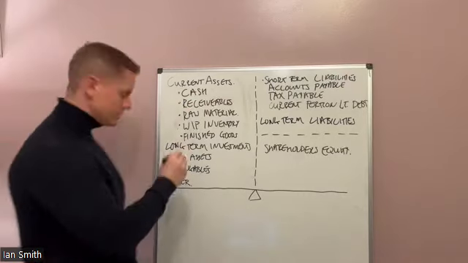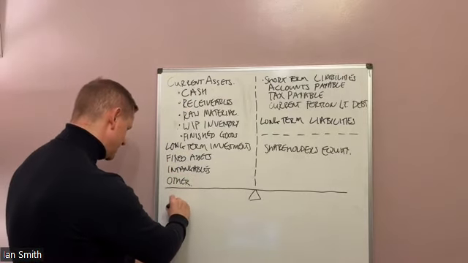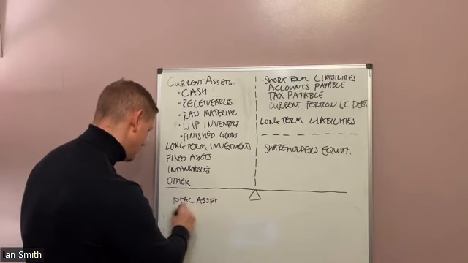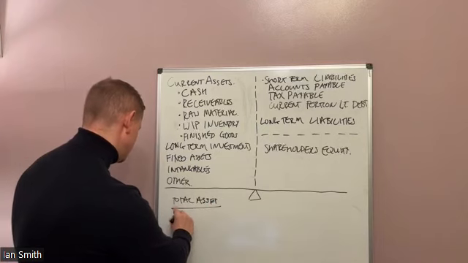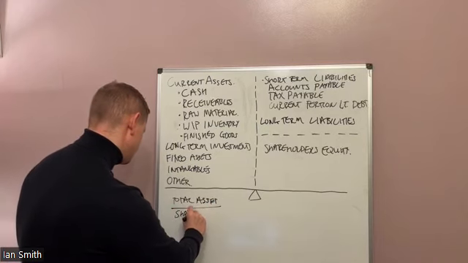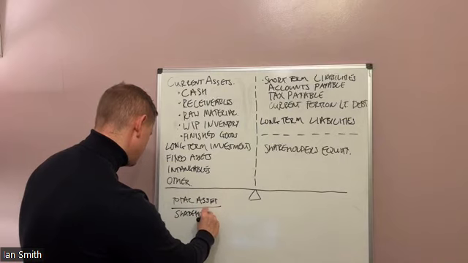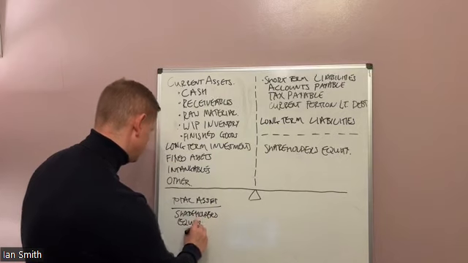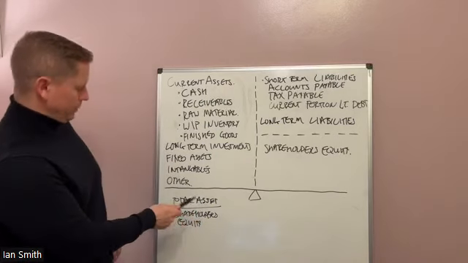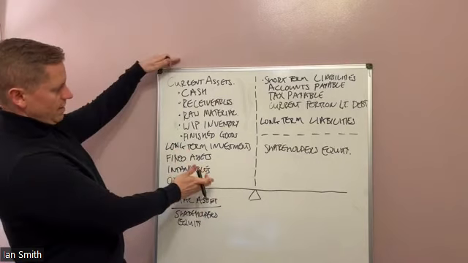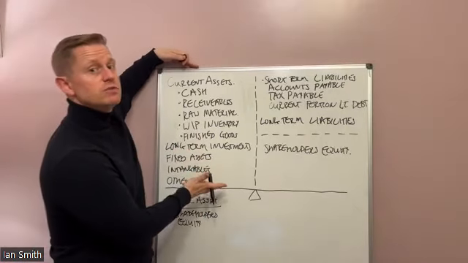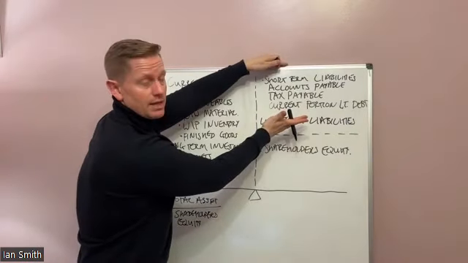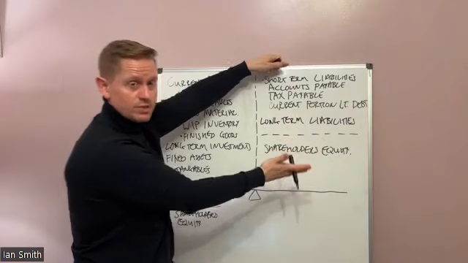And what that means is, if I just draw this for you, total assets over shareholders' equity. Don't forget, this total amount of assets is equal to liabilities and shareholders' equity.